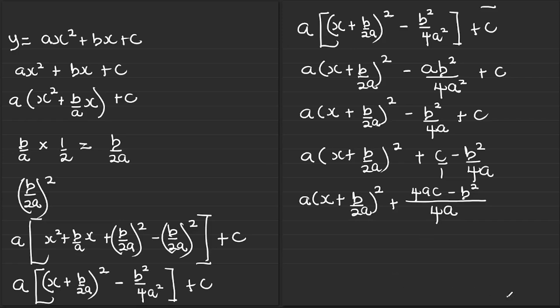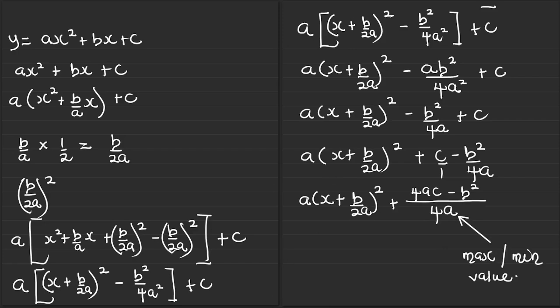Now, if you are able to complete the square and rewrite your function in this form, you have actually achieved something. So what we say is, if you're able to write it in this form, then this particular b over 2a you have over here would help you get your vertex. You see, and this one as well helps you get your maximum or minimum value. So that is to say, this one here is our maximum or minimum value.